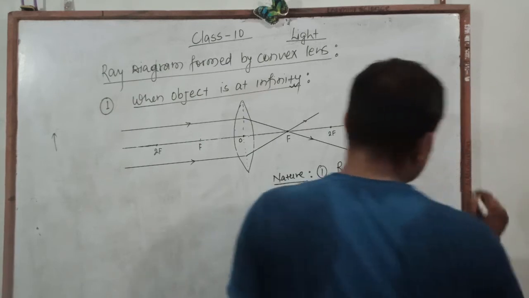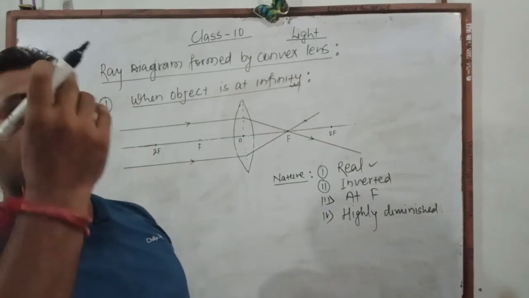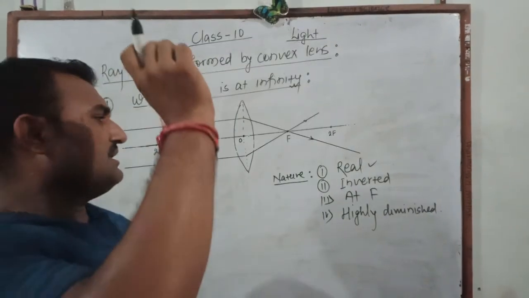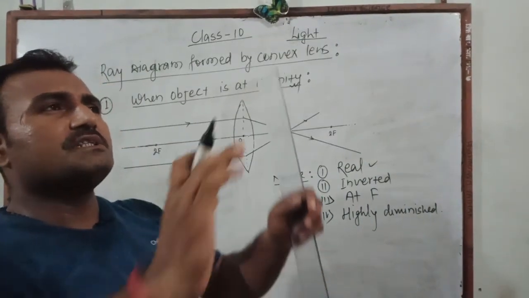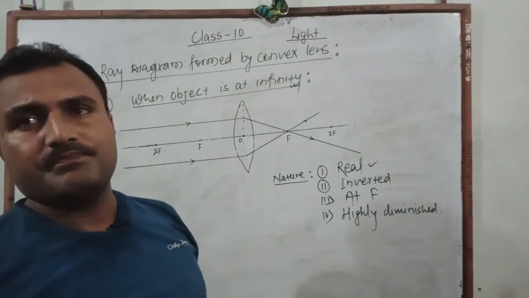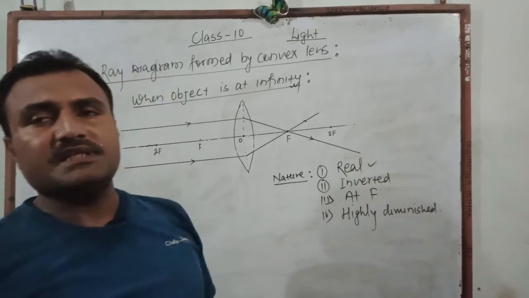For example, the sun is at infinite distance from the earth. In our eye, a convex lens is found, and its highly diminished image makes the sun seem like a spherical football shape, because a diminished image is formed there.